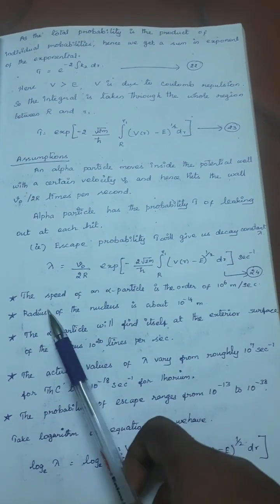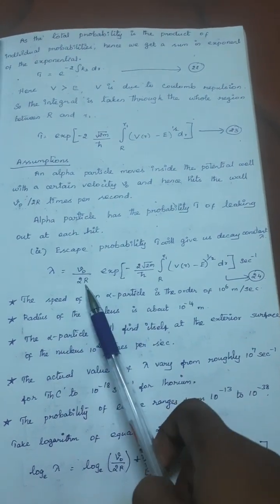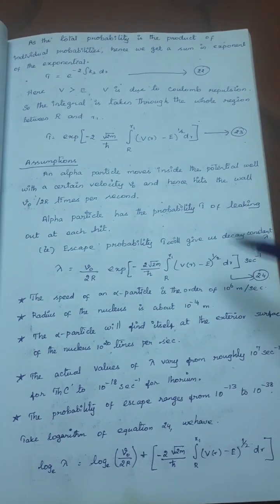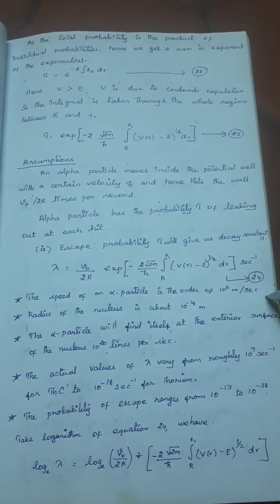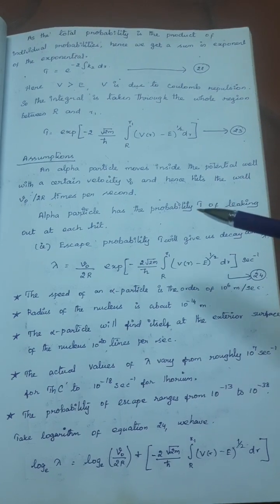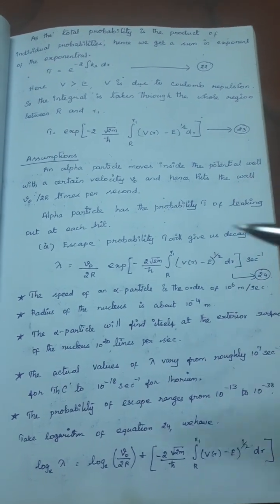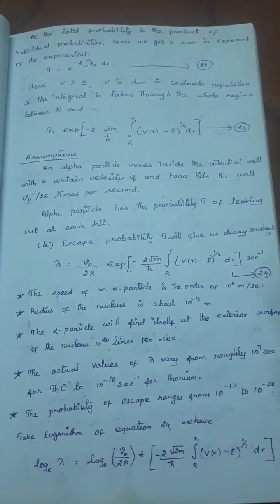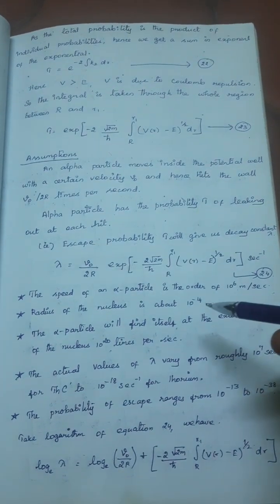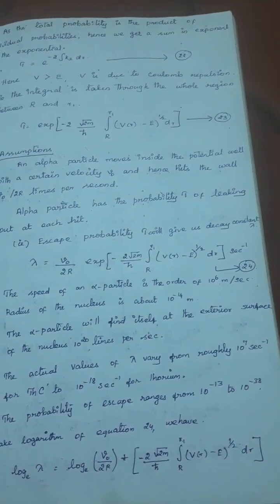Now we have considered another one. The speed of the alpha particle is in the order of 10 to the power of 6 meter per second. At the same time the radius is in the order of 4 fm. It is the normal one, but in the heavy nuclei it is very high, so it is 10 to the power of minus 14 meter.